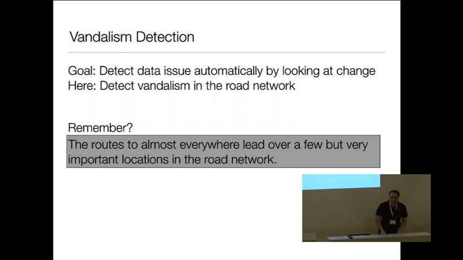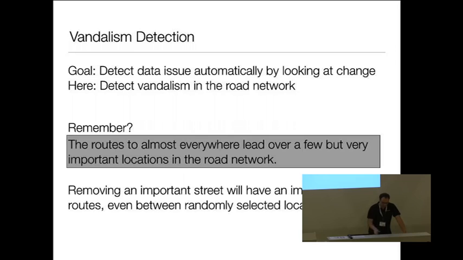So remember what I said before, the roads to almost everywhere lead over a few but very limited number of locations in the road network. We can exploit that. As I said before, removing an important street will have an impact on many origins and destinations, and even on randomly selected locations.